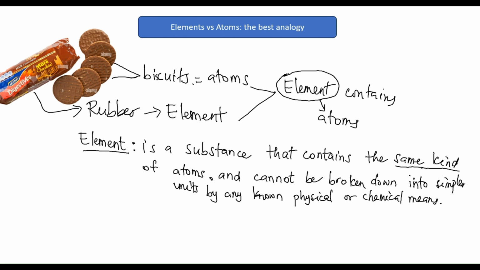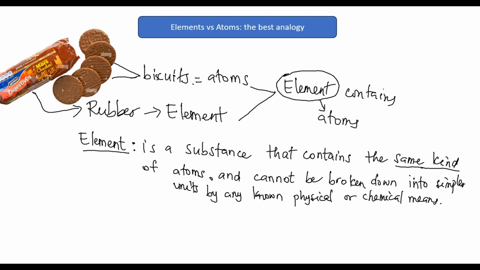If you take another biscuit, that biscuit may contain its own kind of atoms that may not be the same as these. So an element is a substance that contains the same kind of atoms.